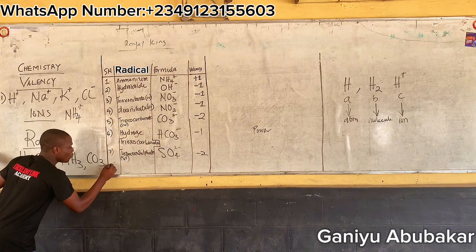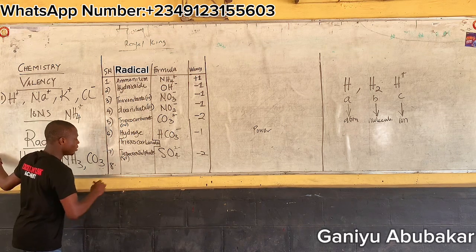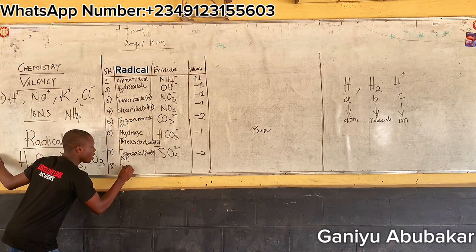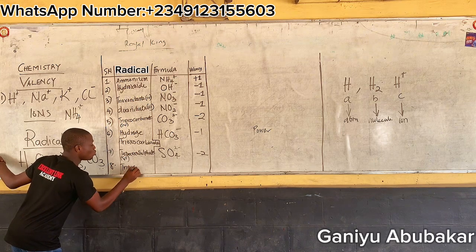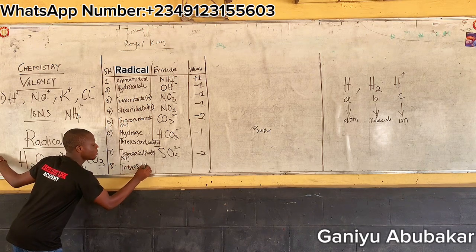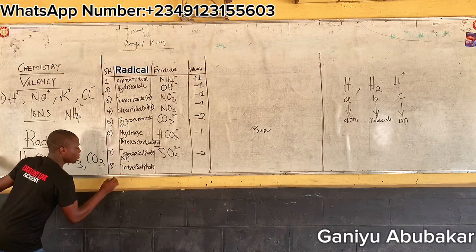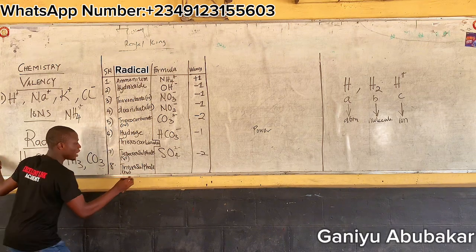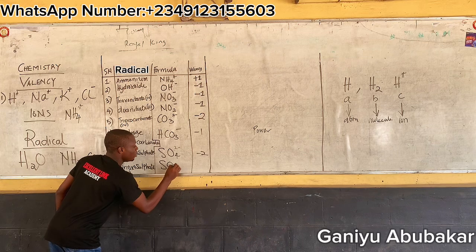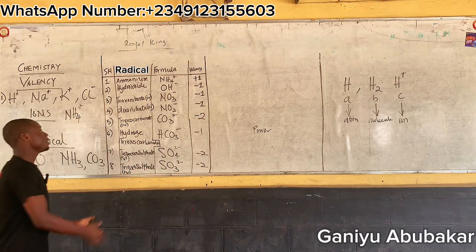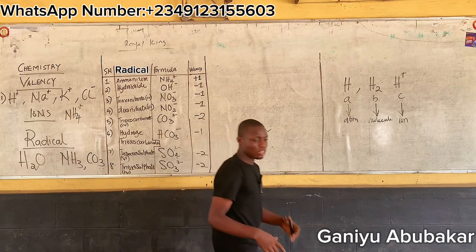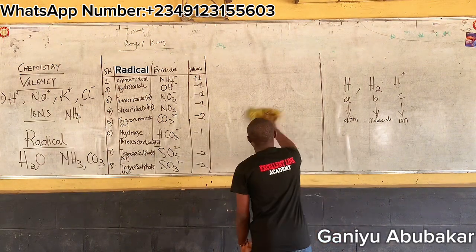Finally, let me give one last one. Trioxosulfate 4. That's SO3 2 minus. These are simply examples of some important radicals you need to know.